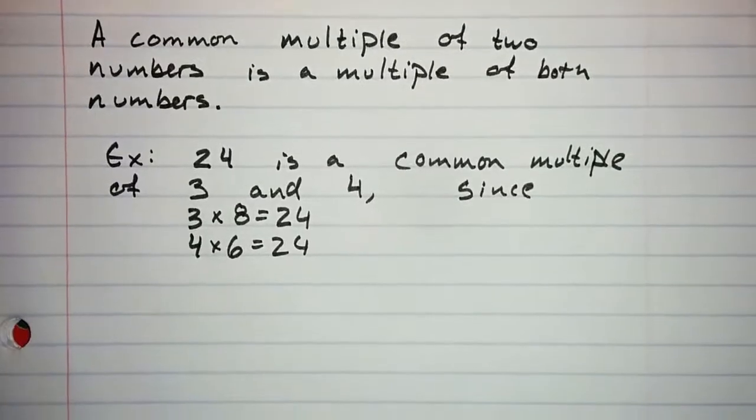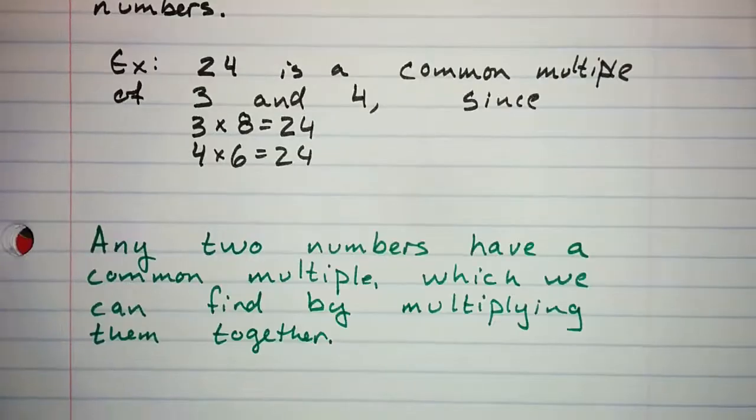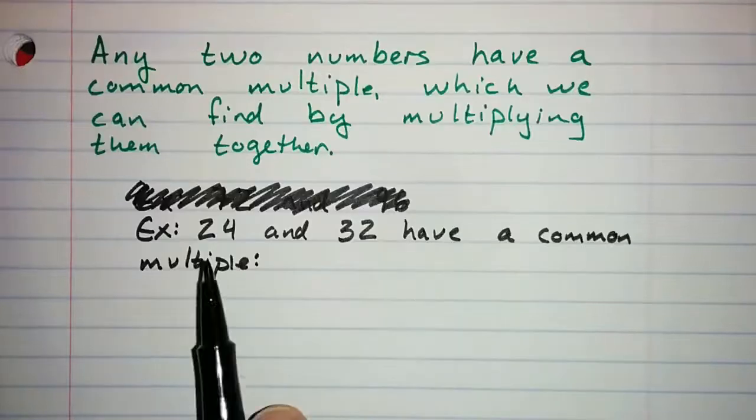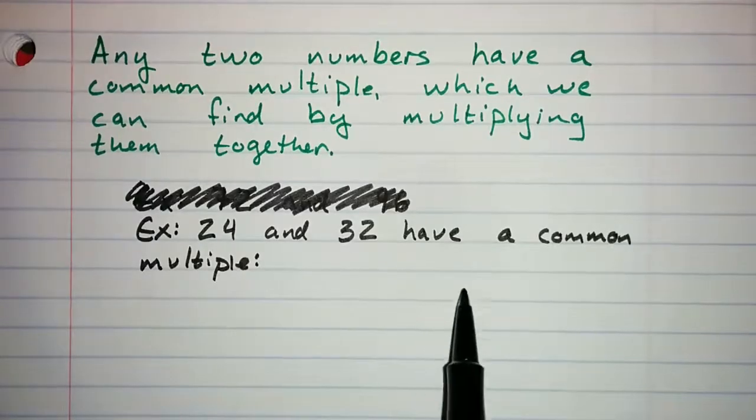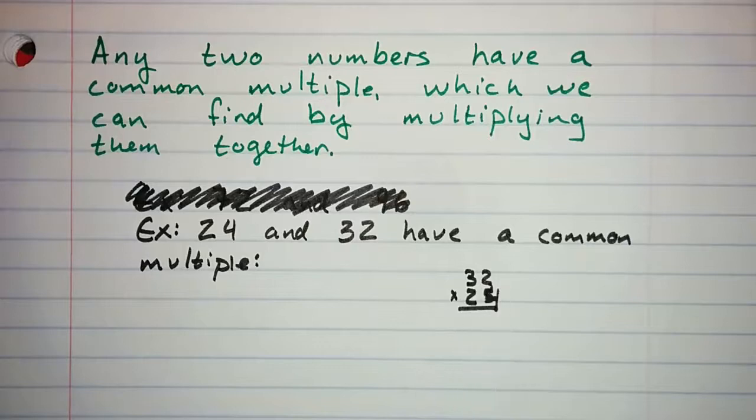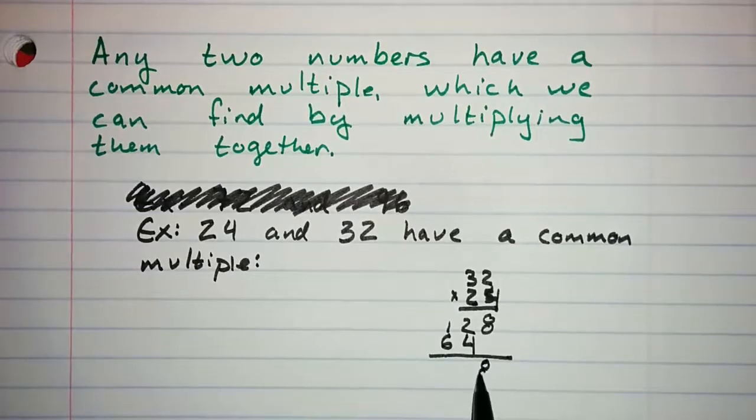Now it's important to note that any two numbers will always have a common multiple, which we can find by multiplying them together. For example, 24 and 32 have a common multiple, which we can find by multiplying 32 times 24. 4 times 2 is 8. 4 times 3 is 12. 2 times 2 is 4, which I'm writing in the tens place because the 2 here is in the tens place. 2 times 3 is 6. 8, 6, 7.